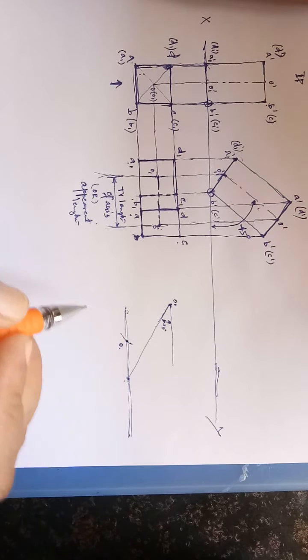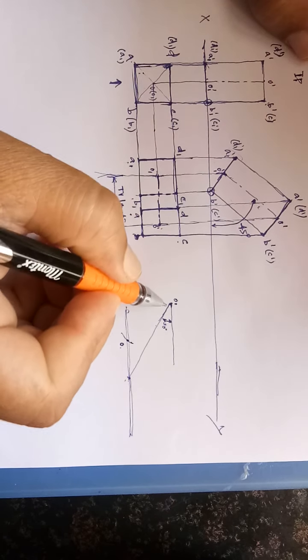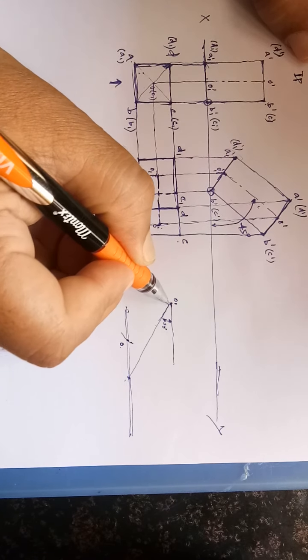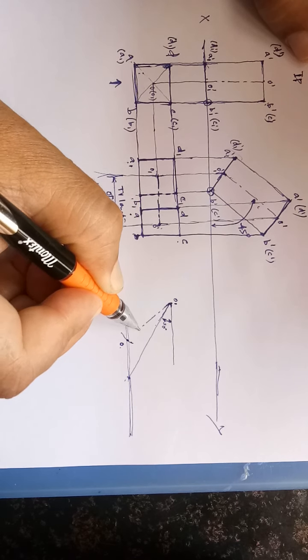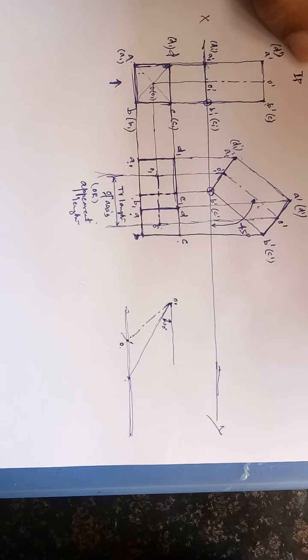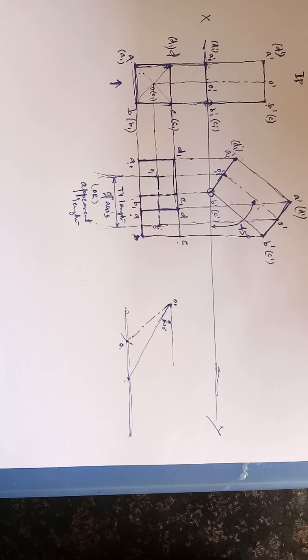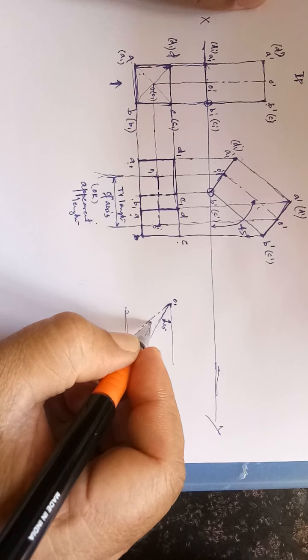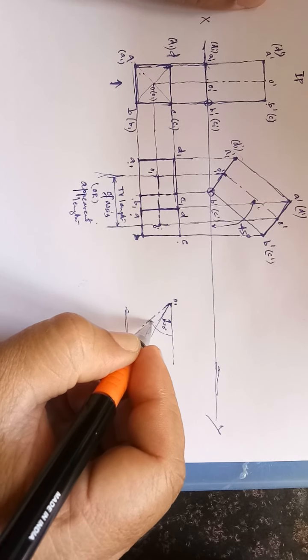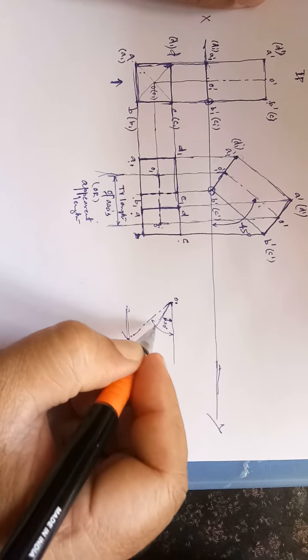So join O1 and O, draw the axis line. Now if you measure this angle, this will be the apparent inclination, that is beta.